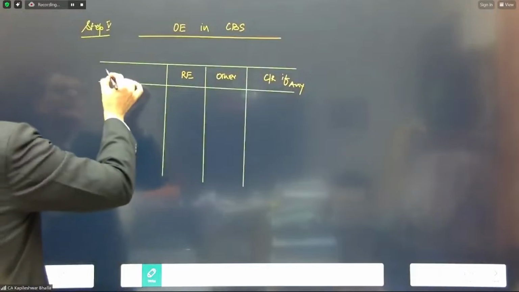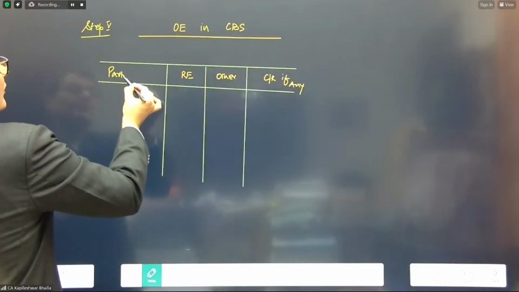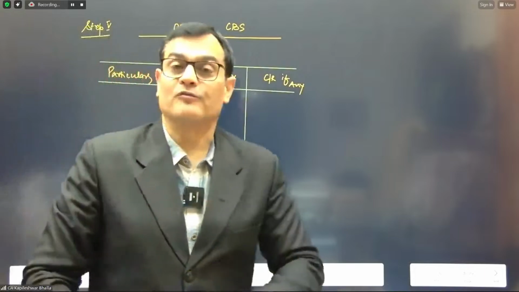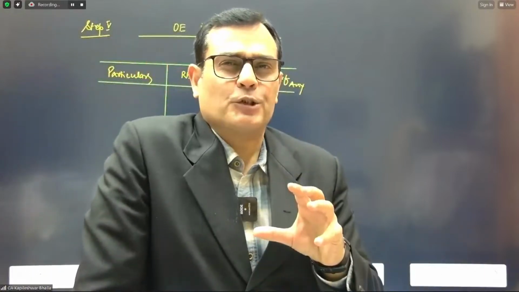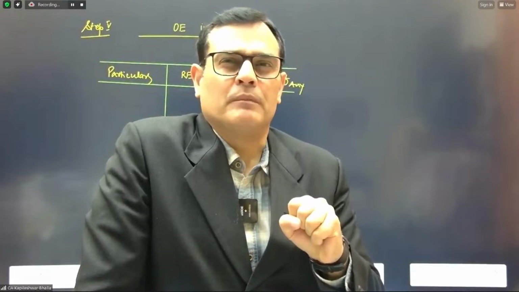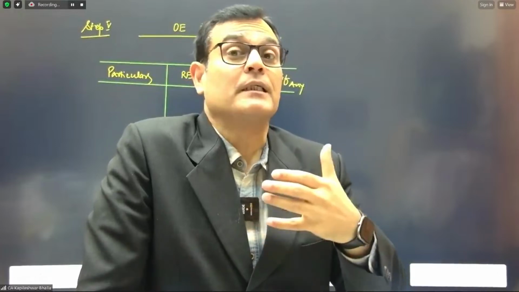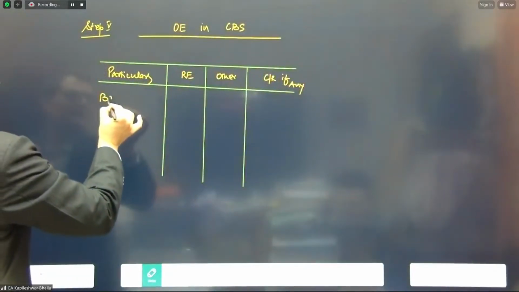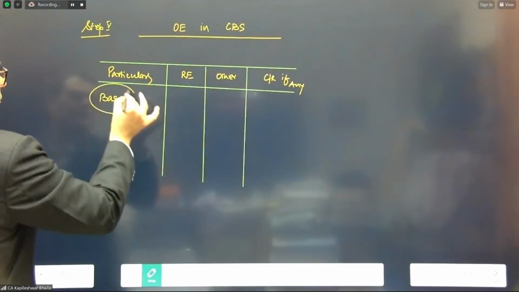Now, when you go to consider step number 5, there are again certain focus points. I would say you've got 3 focus points, minimum 3 focus points, which we need to consider apart from a base. The list could increase, but there are minimum focus points. So as a base, what do you need to consider?